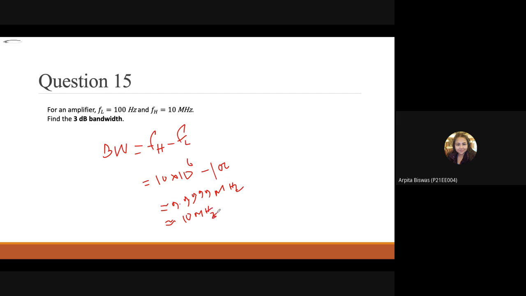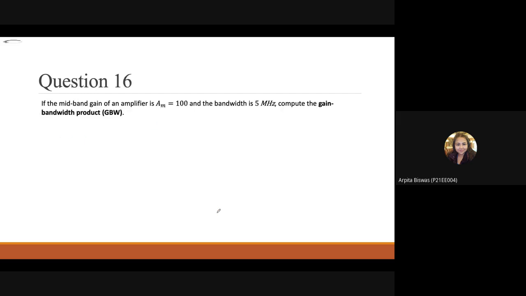Okay. So this is the question number 16. If the midband gain of an amplifier AM is given 100 and the bandwidth is 5 megahertz, compute the gain bandwidth product GBW.